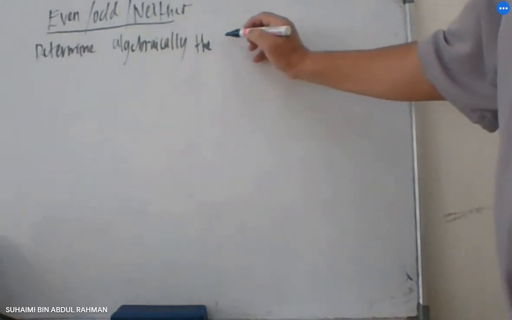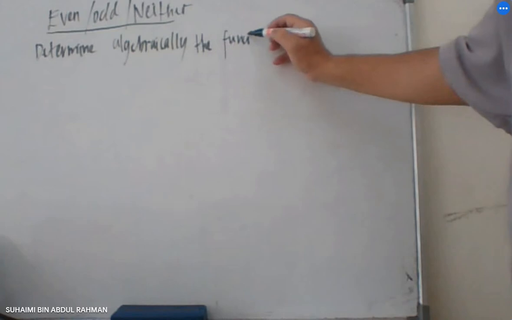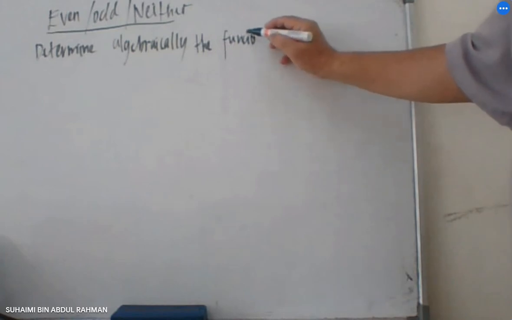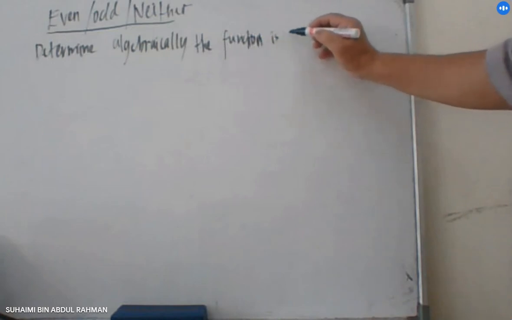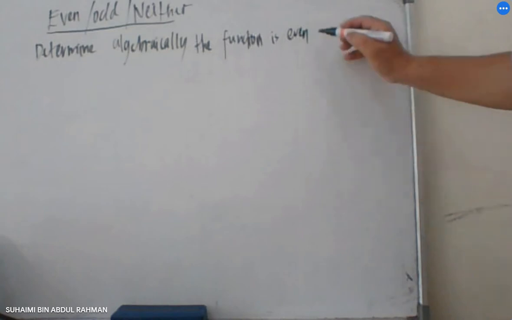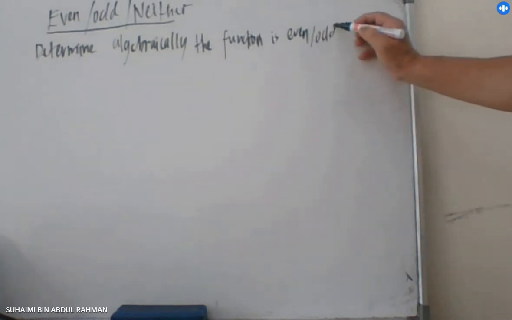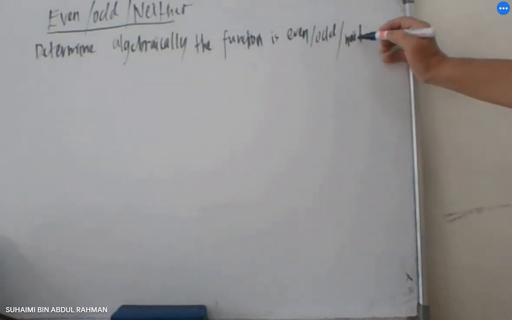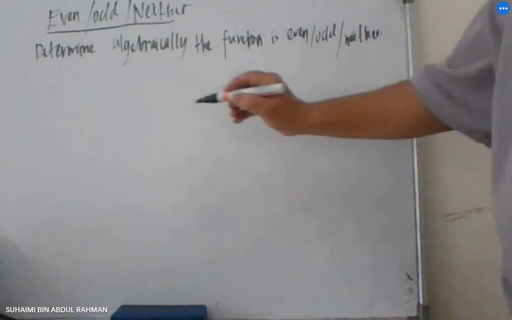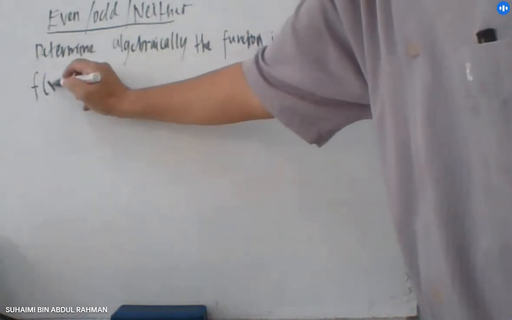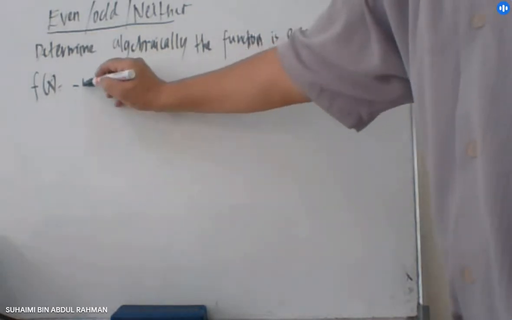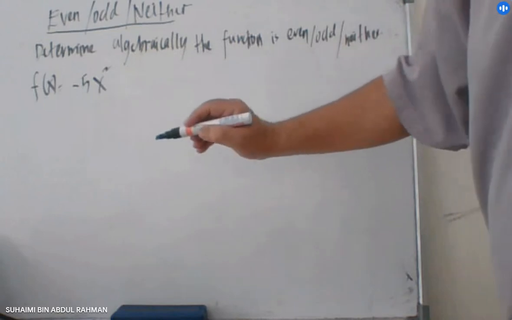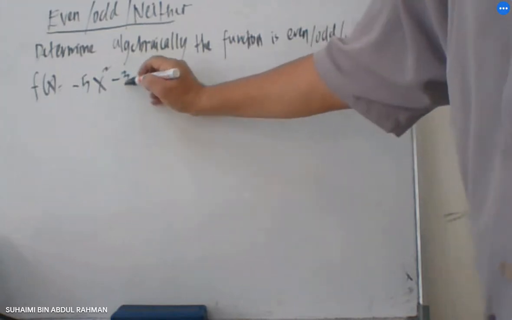The function is even, odd, or neither. Let's say the function is f of x equals 5x squared minus 3.